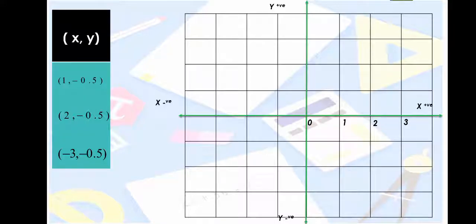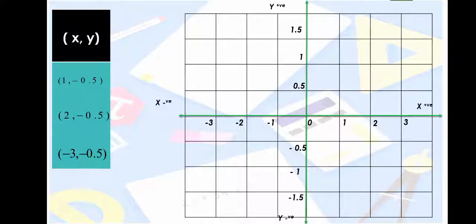And in negative x-axis the values will be minus 1, minus 2 and minus 3. For y column, here we are having the values in decimal form. So here we will take values 0.5, 1 and 1.5. And in negative y-axis the values are minus 0.5, minus 1 and minus 1.5.